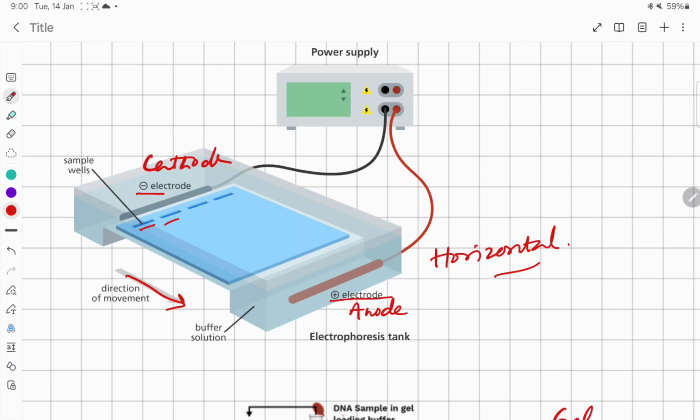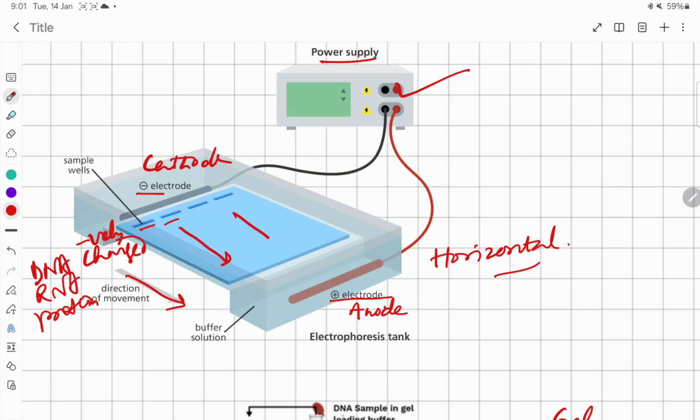If we put negatively charged DNA, RNA or protein, then because of the electric field generated through this power supply between the negative electrode and positive electrode, these negatively charged molecules will move towards the anode, and this movement is based on their size.